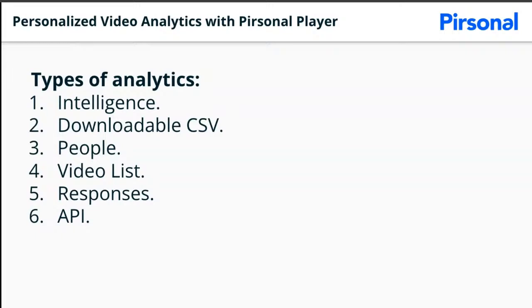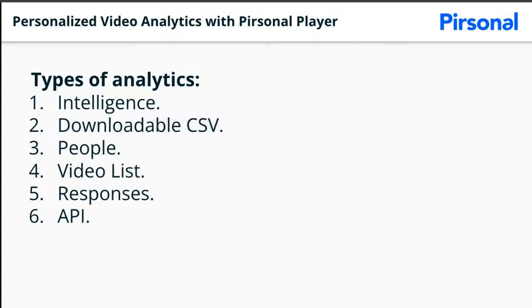Let's see these 6 ways actually. Let me cover all of them. So we have intelligence, downloadable CSV, people, video list, and also I should add here template list, responses, and API.